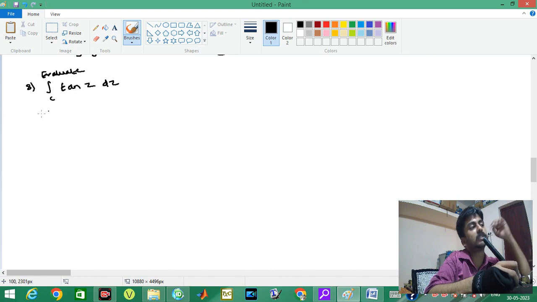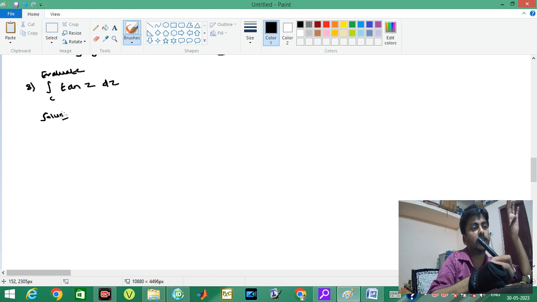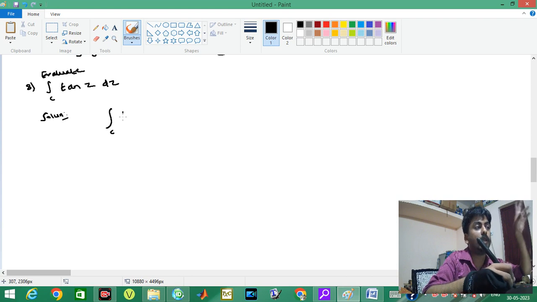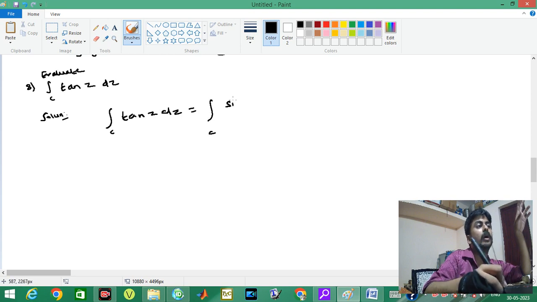Now we are going to write a solution for this. At some points definitely this function will not be analytic, but how to identify those points? We have to find the denominator. So I am writing the integral of tangent z dz equal to the integral over C of sin z by cos z dz.